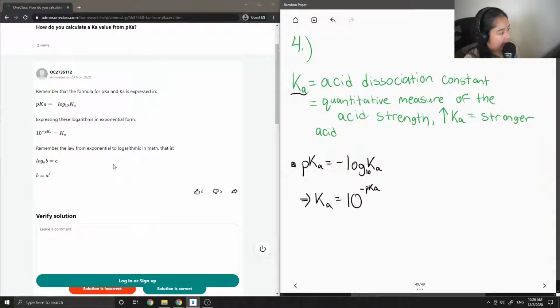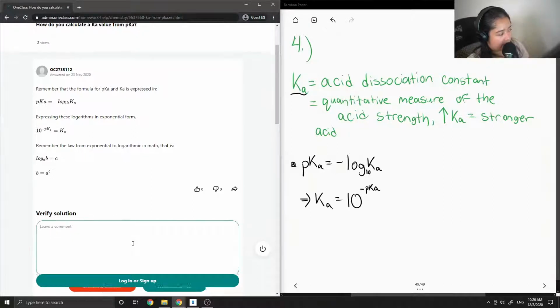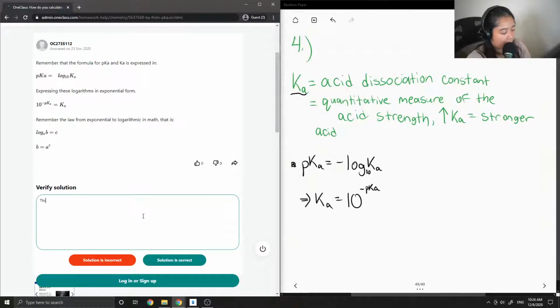Remember the law from exponential to logarithmic in math, that is log base A of B is equal to C. So they showed that B is equal to A to the power of C. Yep, so this solution is correct. And then I'll just put in brackets, just in case that was a typo, pKa is equal to negative log Ka.